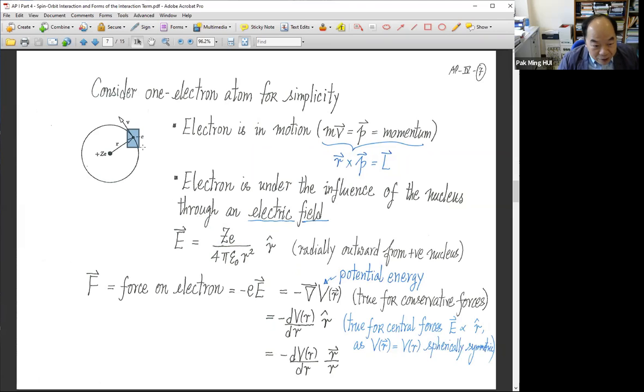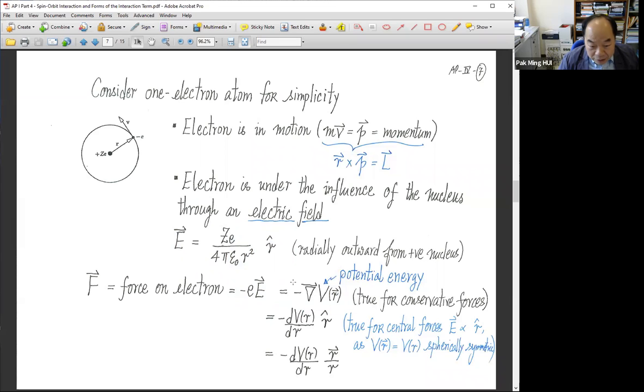So now, we have a force: minus the electron charge times the field. That's fine. And for this field, we can write it as a potential energy function with a gradient of it.